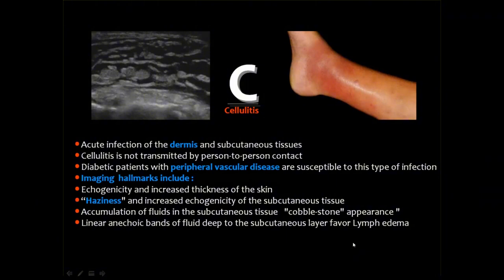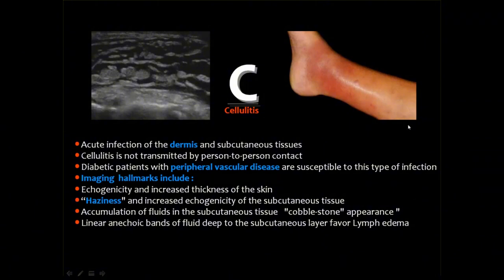It is related to the presence of some infective organisms in the subcutaneous tissues, especially in patients with diabetes, because they have peripheral vascular disease, and the nourishment of the skin and the subcutaneous tissues is relatively poor, and this will lead to susceptibility to inflammatory changes.